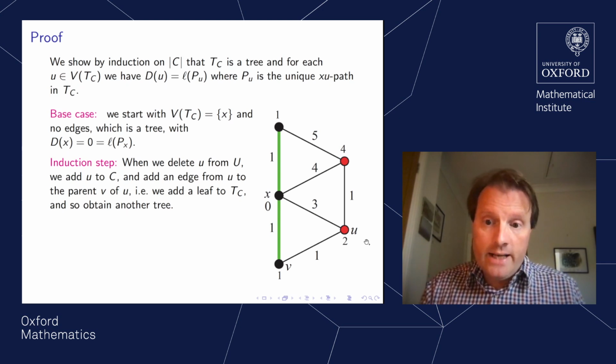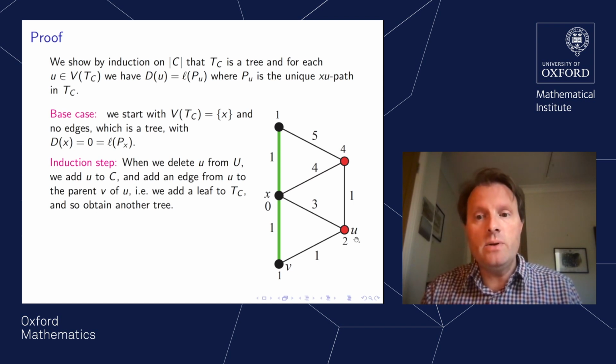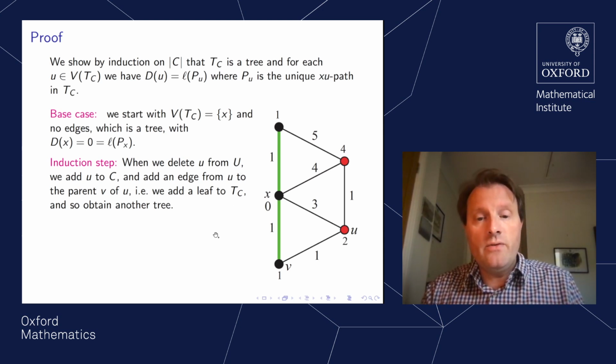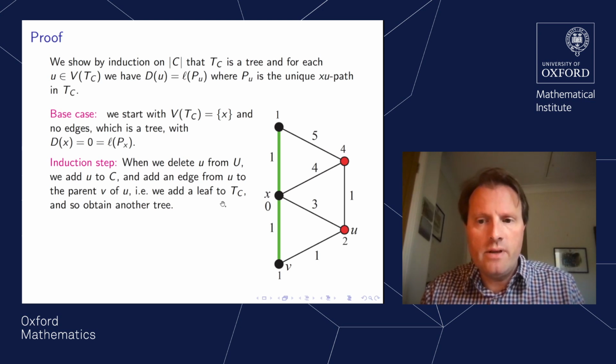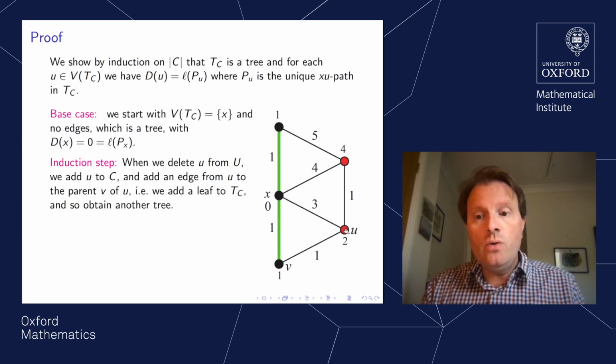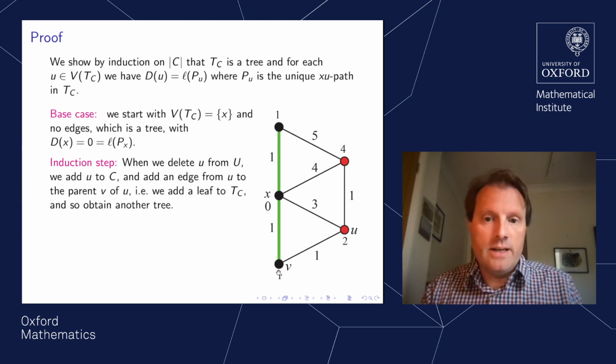So the next vertex we're going to finalize is this vertex U. It's the one for which D is minimal in U. And when we do that, we delete U from our set U of vertices for which the D value is uncertain. And thereby we add it to C. And we add an edge which joins U to its parent, which lies inside C.